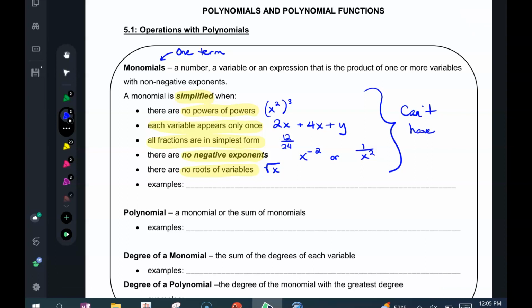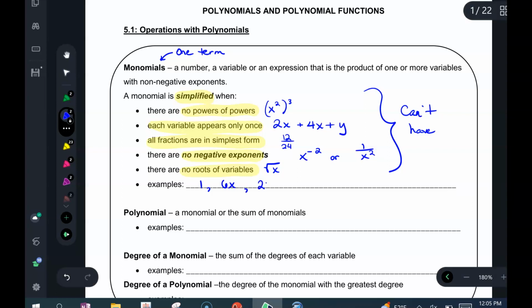Okay, so what are some examples of a monomial? It could just be a number. It could be 1. Each variable only appears once, so 6x would be an example of a monomial.